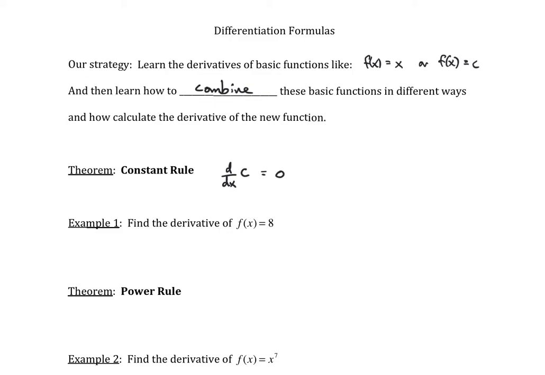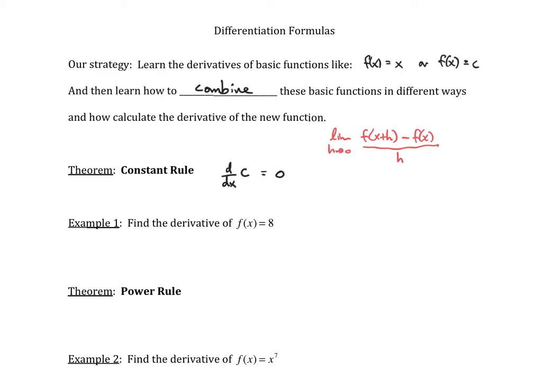We could use the definition of the derivative to prove this. So we know that the derivative of the constant function is going to be the limit as h goes to 0, f of x plus h minus f of x, all divided by h.